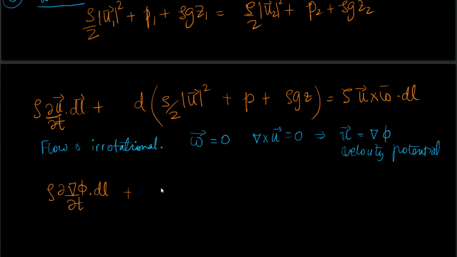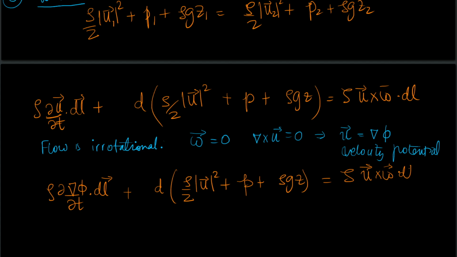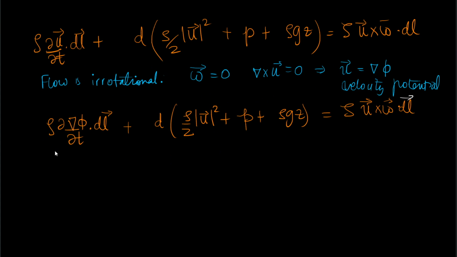The second term is d of rho by 2 mod u square plus p plus rho g z is equal to rho u cross omega dot dl. So now this particular term is simply rho del t of this.